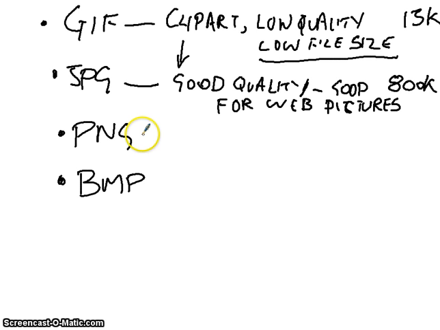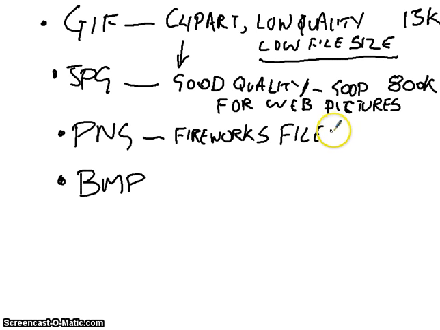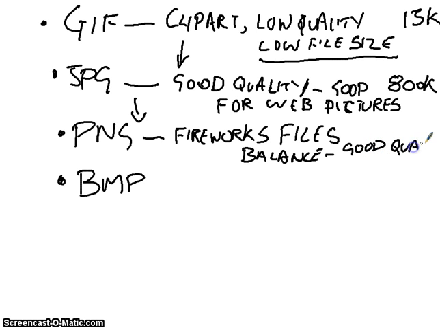PNG files, this is the format actually for Fireworks files. So whenever you work with Fireworks, they do actually save in PNG file format. Now these are, again, slightly bigger than a JPEG. And a PNG file is what I call the balance, which is good quality for a reasonable size.